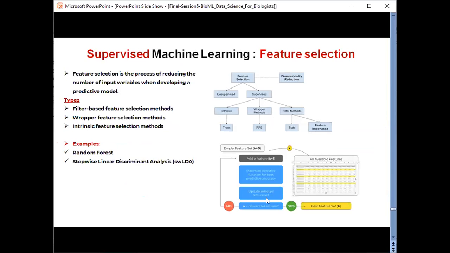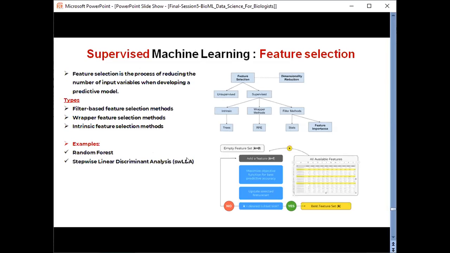These feature selection methods can be filter based, wrapper based, or intrinsic. Specifically, random forest and stepwise LDA are two machine learning algorithms that can build a prediction model as well as perform feature selection, so we call this the intrinsic feature selection method.